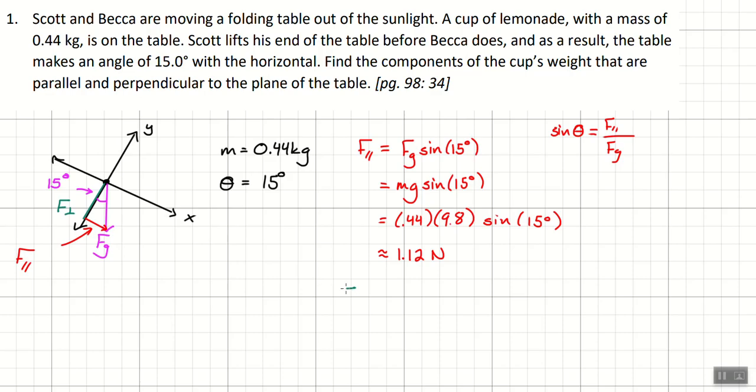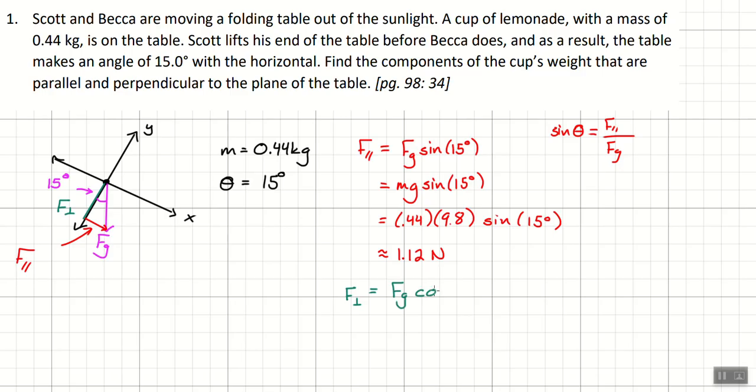If I want to find F perpendicular, it is equal to, and let's see here, which trig function do we deal with that has adjacent and hypotenuse? Indeed, it was quietly whispered, cosine.